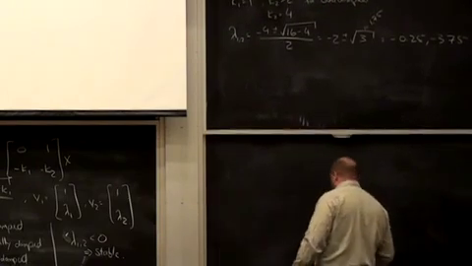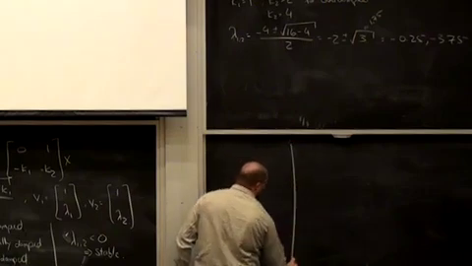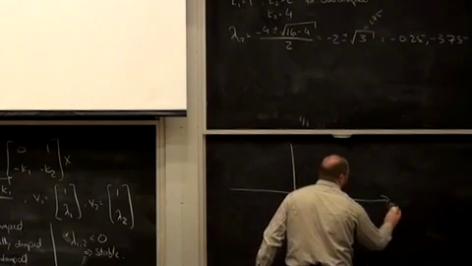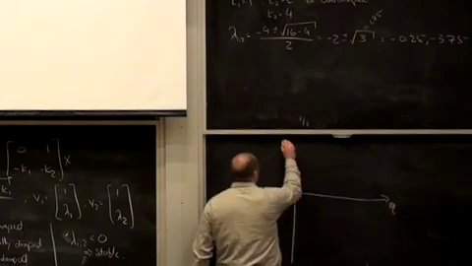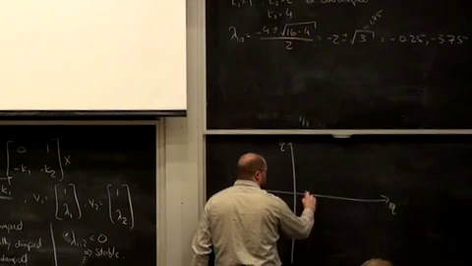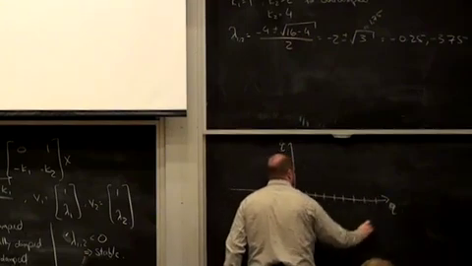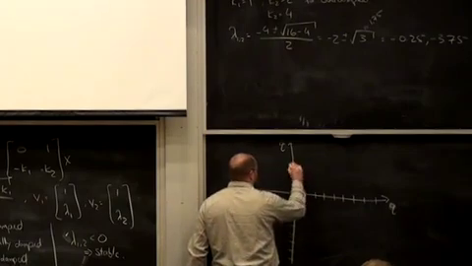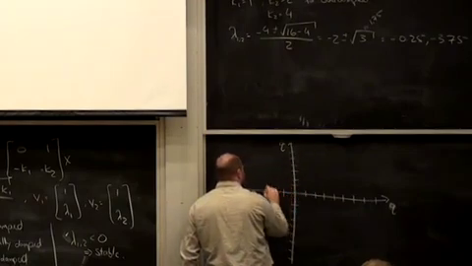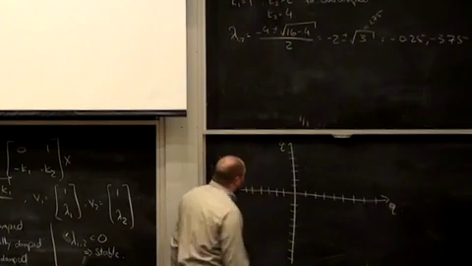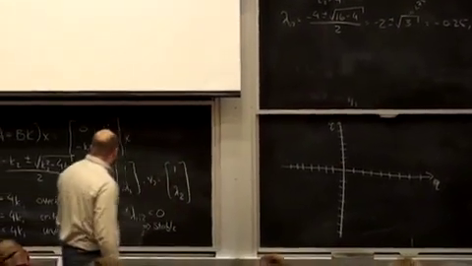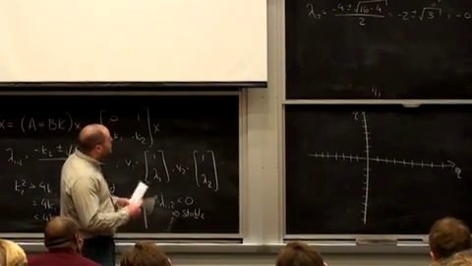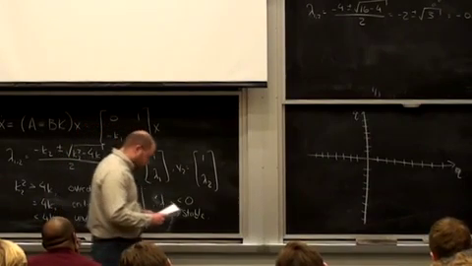So what that allows me to do is make my same state space plots we were making yesterday, where now I have Q and Q dot. Okay. And my first eigenvector is going to be 1, negative 0.25.